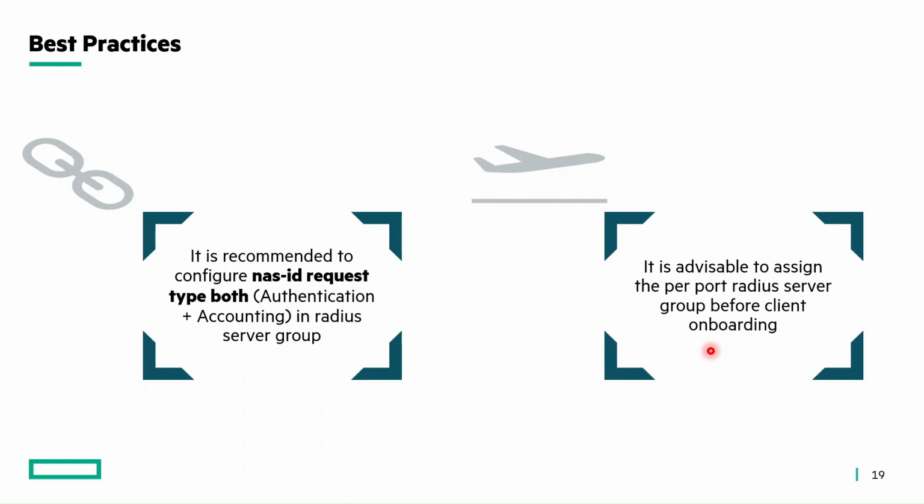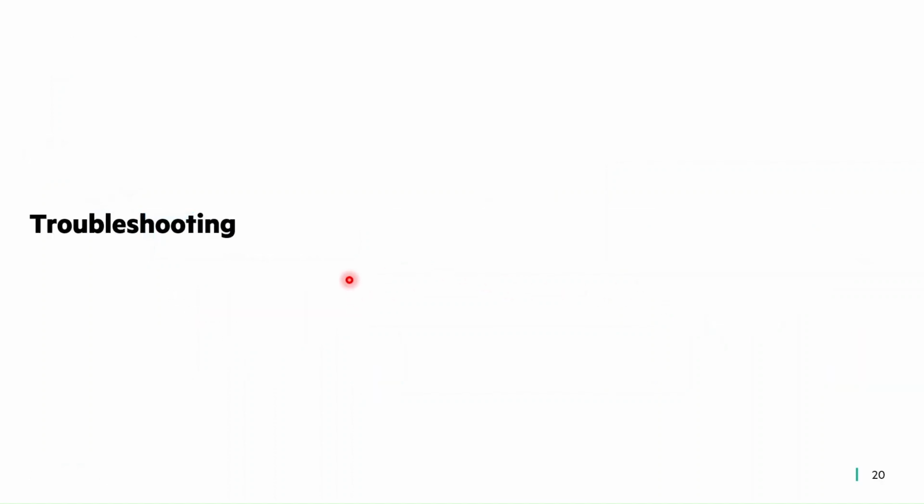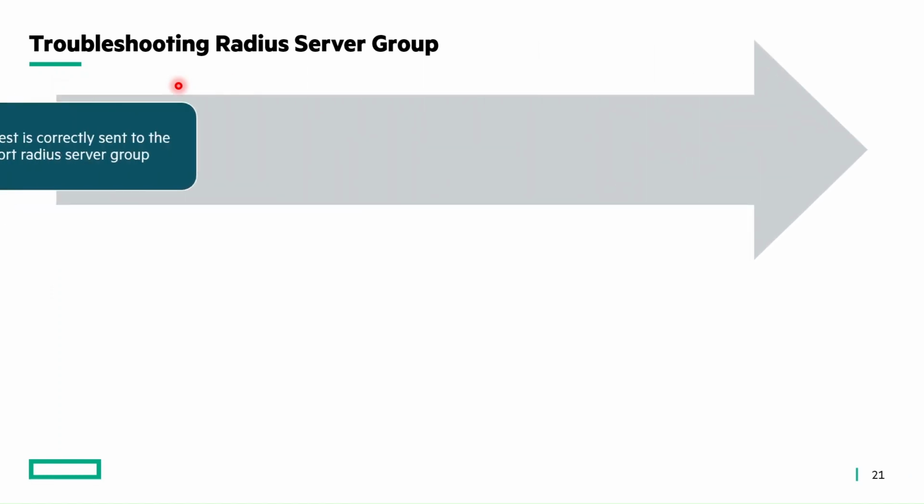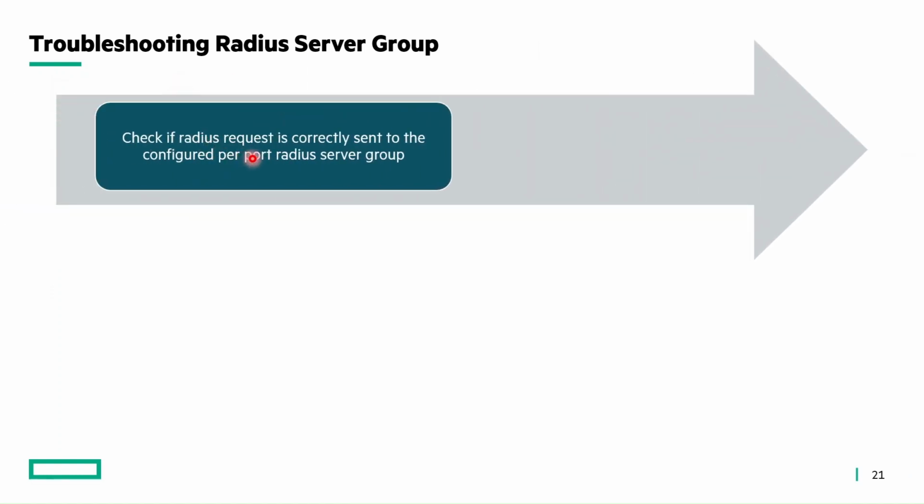Let's see the troubleshooting part. First, let's troubleshoot with the RADIUS server group. We can check whether the requests are going to the RADIUS server in which we have configured them. For that purpose, I'll be using a debug. I'll enable debug port access all, and I will check where the particular client's RADIUS request is going.